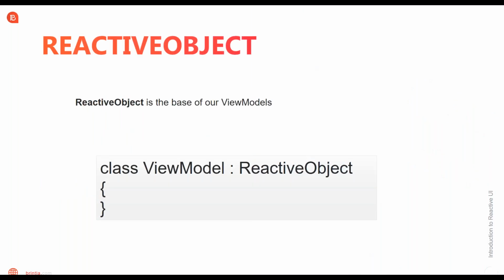And this is one view model, the bare view model, the naked view model. In reactive UI, this is the simplest view model you can have. And as you see, the reactive object is the base of the view model. The reactive object will be the base of our view models. Why? Well, because it has all the features we will need to be reactive with almost no boilerplate.